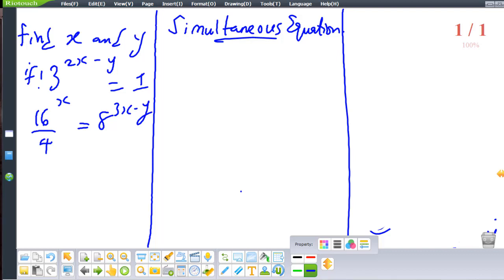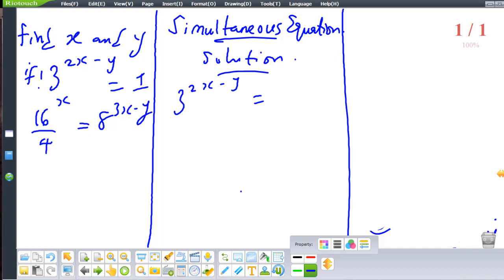So we move on by saying we could actually expatiate equation 1 further: 3 raised to the power 2x minus y equals 1. Don't forget, I told you that anytime you are solving indices questions, find all mediums to convert the bases to the same base, so you could actually equate the powers.